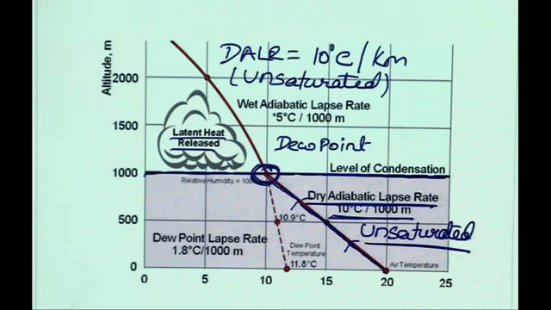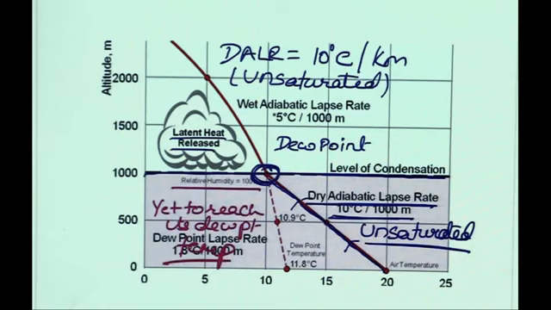And what will be the definition of unsaturated air column? The definition of unsaturated air column is the air column which is yet to reach its dew point temperature. And how do I define dew point temperature? The temperature which is encircled here, the condensation level, the temperature at which the air column becomes saturated.